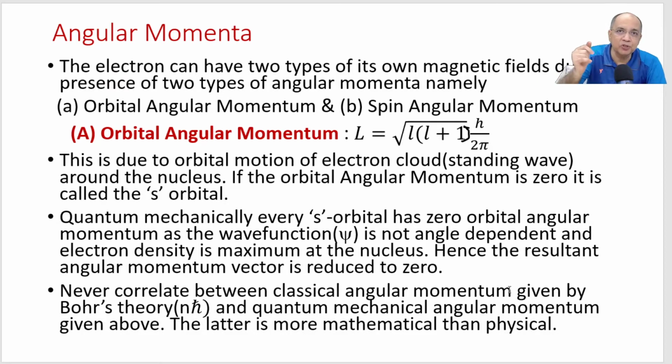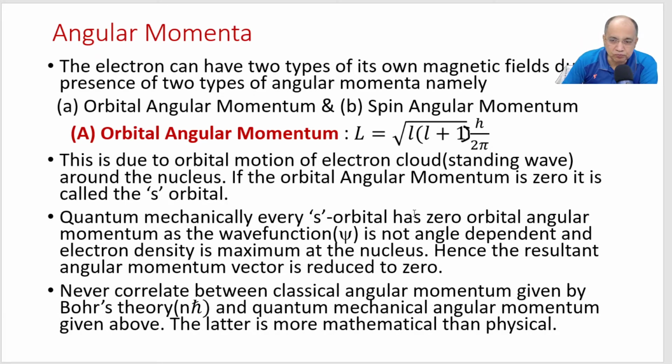Any attempt to correlate the classical Bohr's angular momentum, nh by 2 pi, with the wave mechanical angular momentum will lead you to frustration. That is different, used only for energy purposes, and that is in classical quantum theory, not mechanics. Quantum mechanics also has the principal quantum number n from the Schrodinger's wave equation, and also energy calculation using the Schrodinger's wave equation, right?